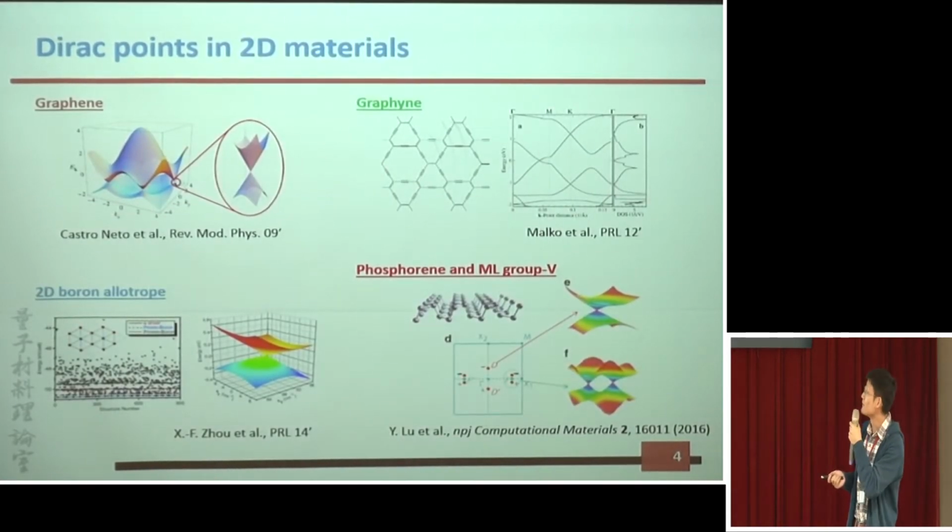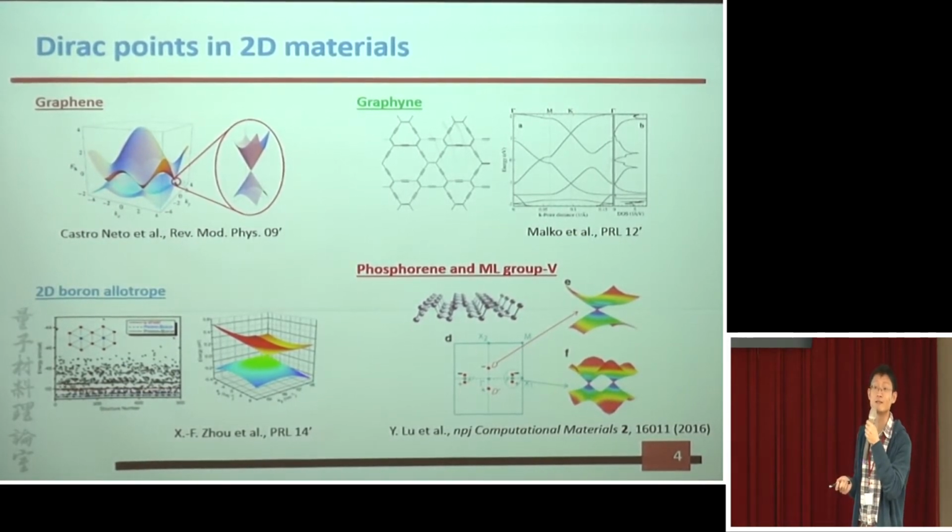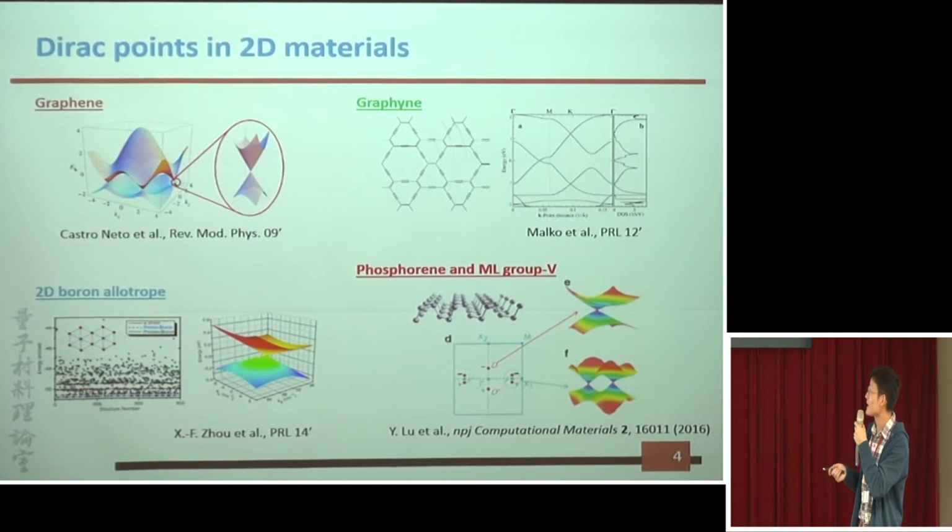So first of all, it's about the 2D spin orbit Dirac points. Dirac points have been extensively discussed in 2D materials, starting from graphene. This is the famous band structure for graphene, and people are interested in this low energy band structure where the conduction and valence bands touch at discrete Dirac points.